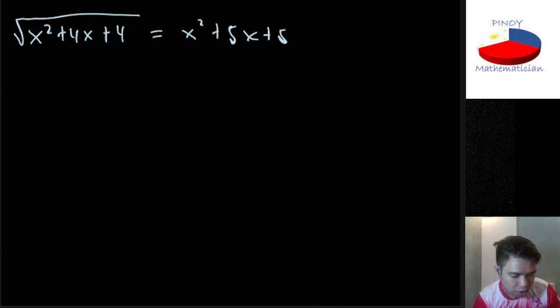All right, so how are we going to solve this problem? Usually we take the square root of both sides to eliminate the square root. I mean, not square root, square, sorry.